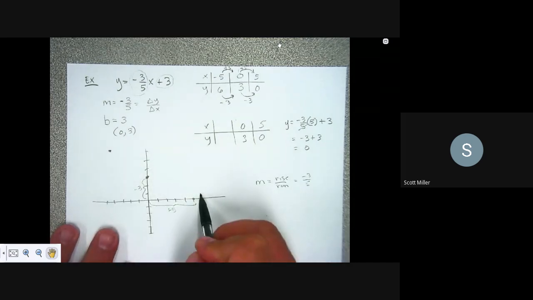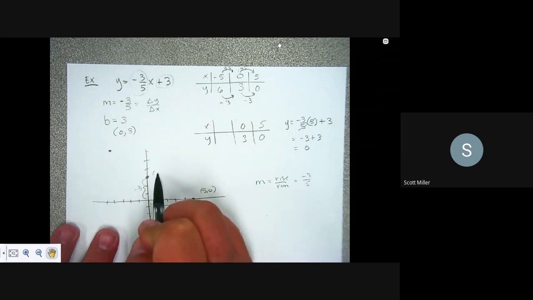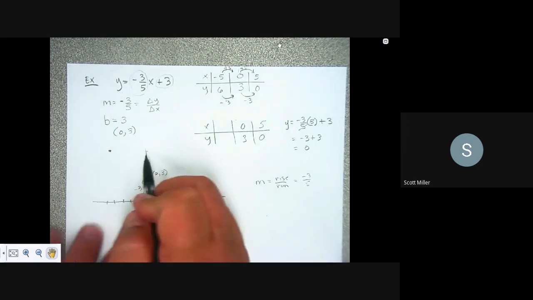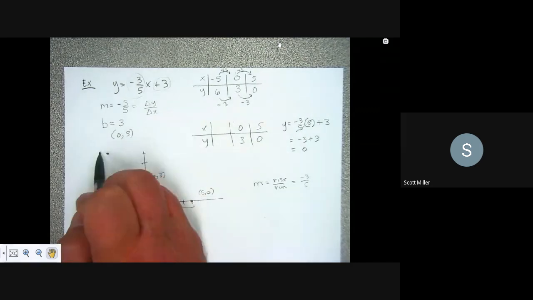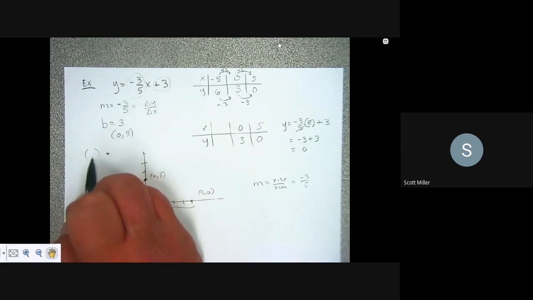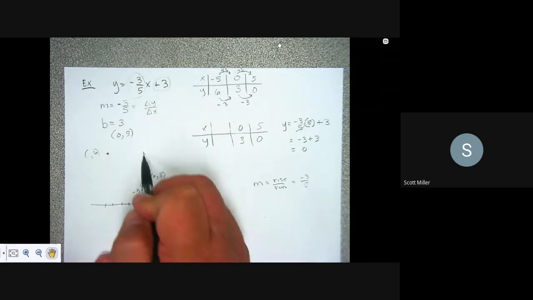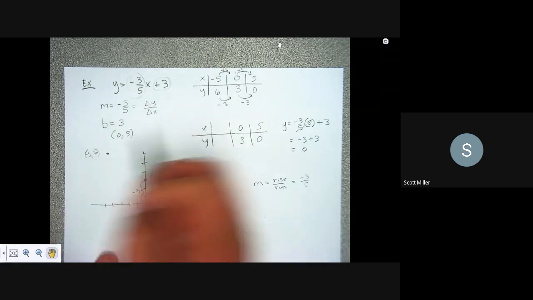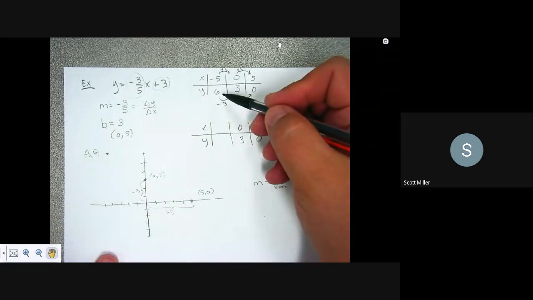This point we can see is 5, 0. This point is 0, 3. And this point right here is up 3. So now I'm at 6 and back 5. That's -5. And that's the point we have right there.